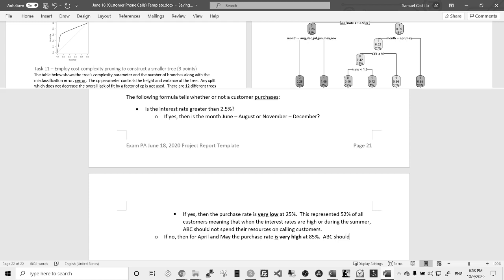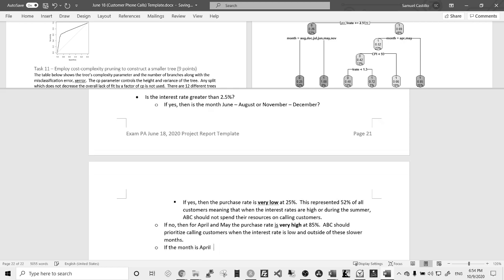ABC should prioritize calling customers when the interest rates is low and during these peak months. In other words, you could just say during April or May, and then let's look at this node. If the CPI is more than 93, the purchase rate is, let's just say high at 66%. Let's just fill out the other ones.